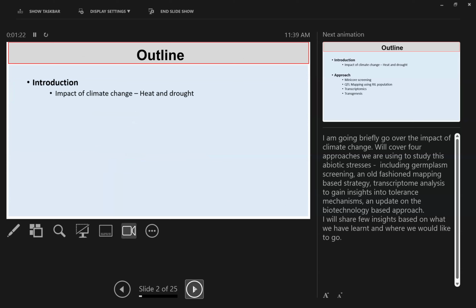So I talk a little bit about climate change because this is about climate resiliency, particularly heat and drought. I will try to summarize 4 different approaches that we have been taking to address this issue, starting with phenotyping and mini-core collection, an old-fashioned traditional QTL mapping-based approach, and a transcriptome-based approach to understand some of the tolerance mechanisms that could be operating, and some updates on some transgenic work that we initiated recently.